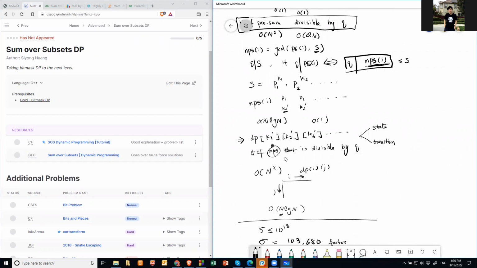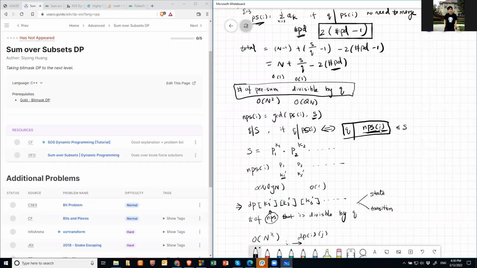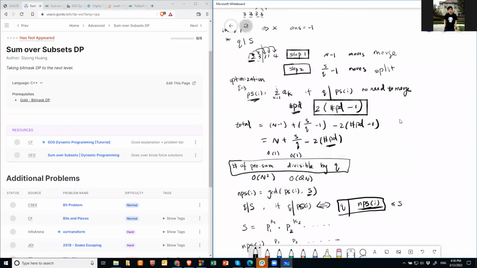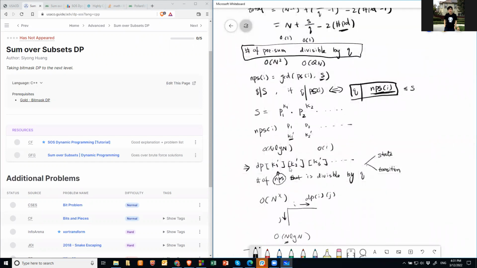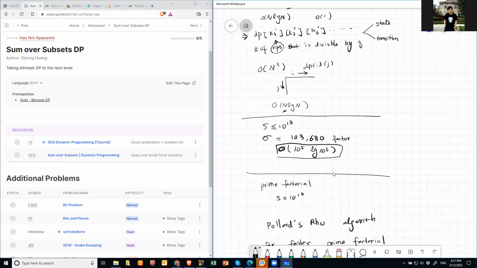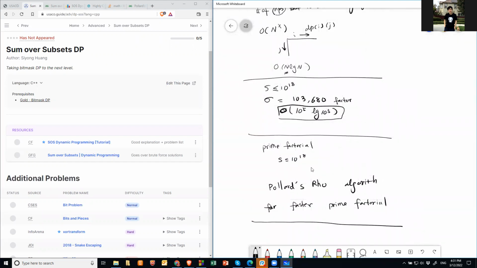One is the worst to best approach. The second is to use sum over subset for the DPs. The third one is a faster prime factorial calculation. Okay, the homework is to implement this.